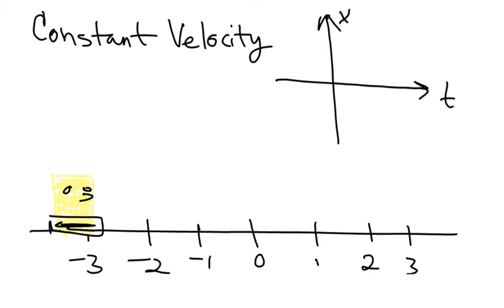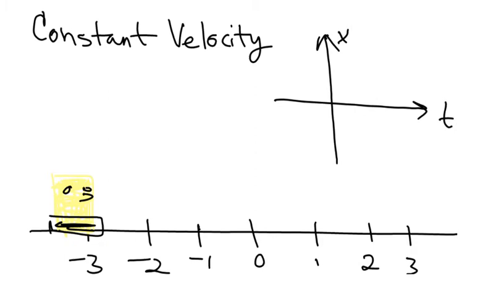Now that you've done that, we have to think about how to make this graph more specific. I said that our time was in seconds, so I'm going to put seconds over here, and I told you before that these numbers were meters. So SpongeBob at time equals 0 started off at 3 meters.